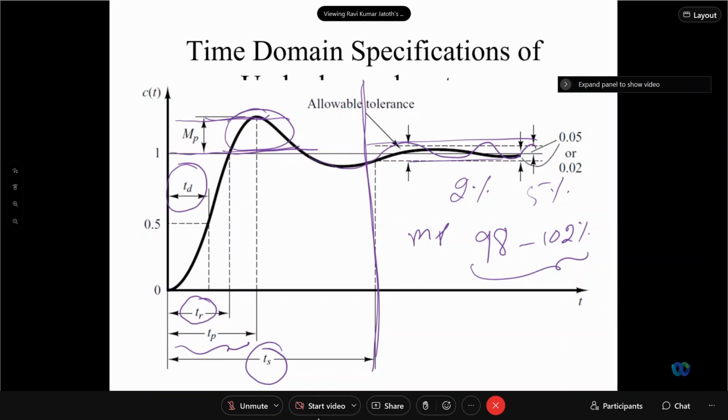So it is undesired only, right? Designing of a controller is to reduce the overshoot. That is the goal of a control system engineer. Yes, sir. So here we got overshoot. Sometimes we get undershoot. Few systems exhibit undershoot, meaning few systems will exhibit like this.